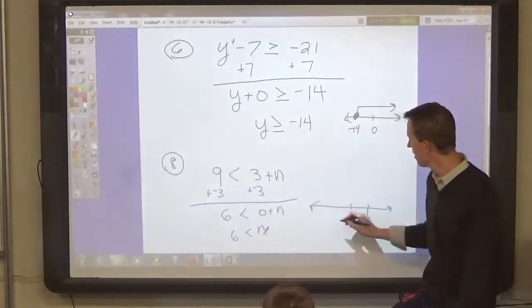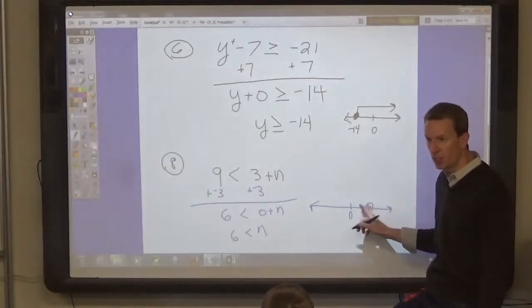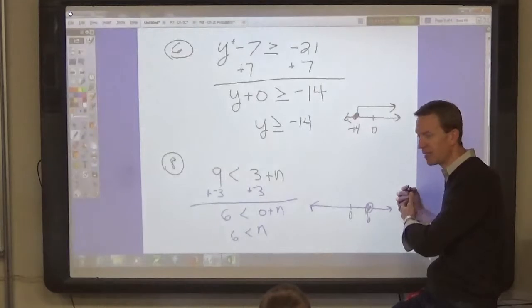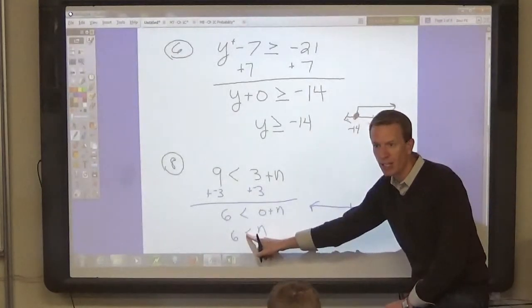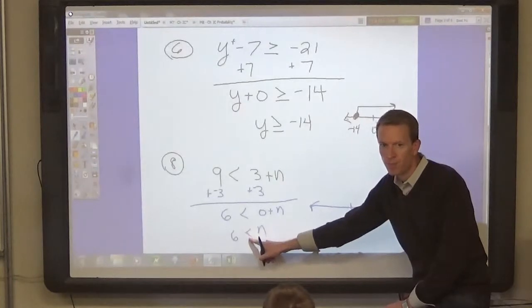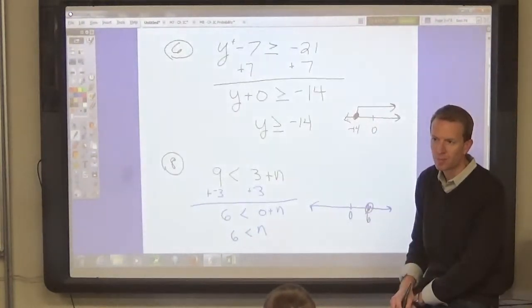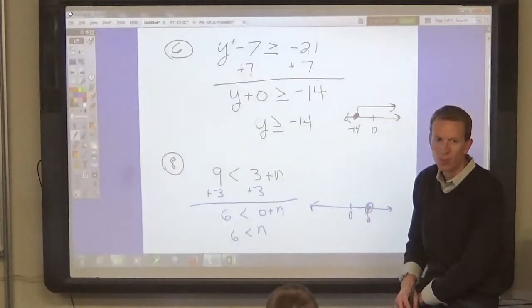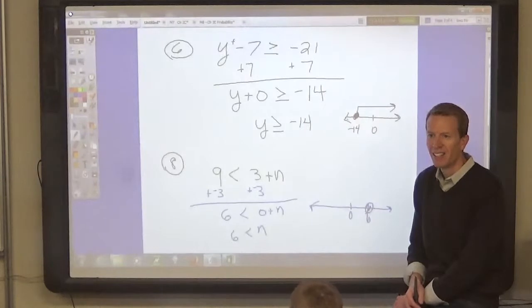Do we graph this with an open dot, and should we shade to the right or to the left, the same direction as the arrow is pointing, or the opposite? Who said the opposite? Sam? Good. The opposite way.